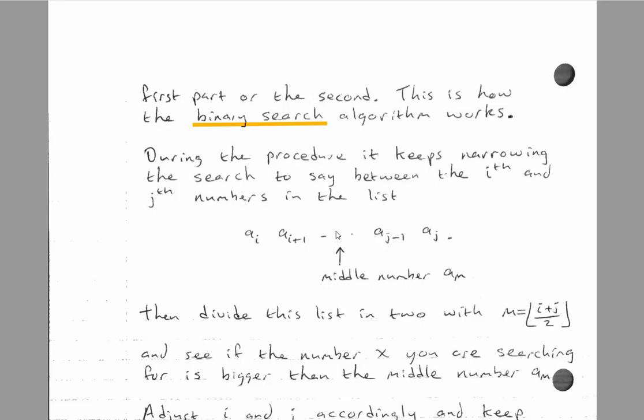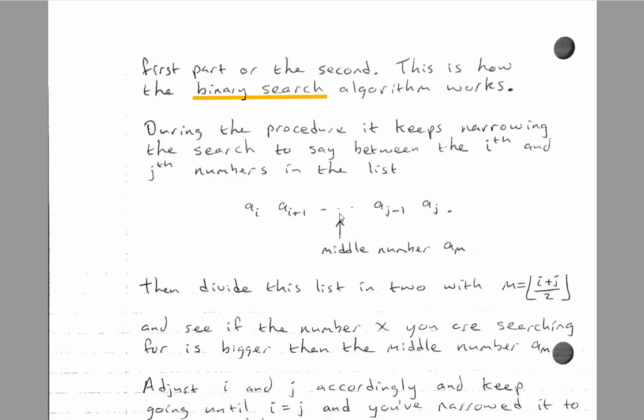Now you want to break this into two. So find the middle number, a sub m, and then compare the number you're looking for with a sub m to see, do I need the first part? Or if the number's bigger, do I need the second part?